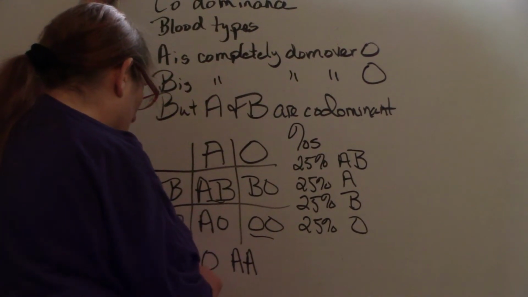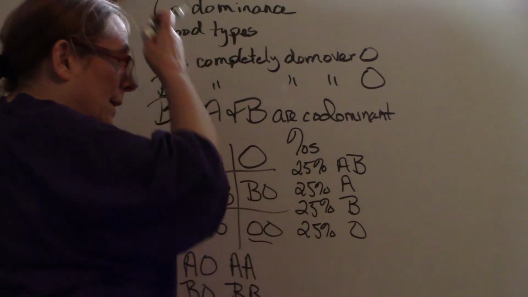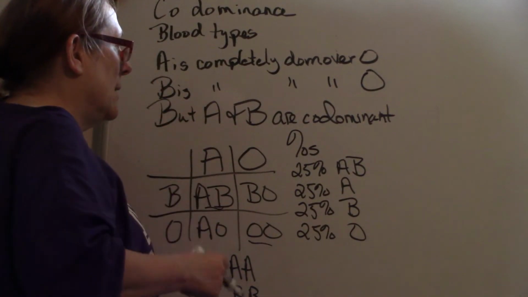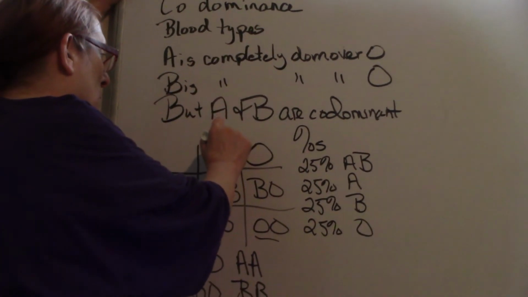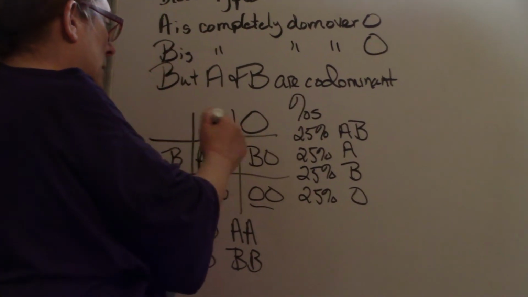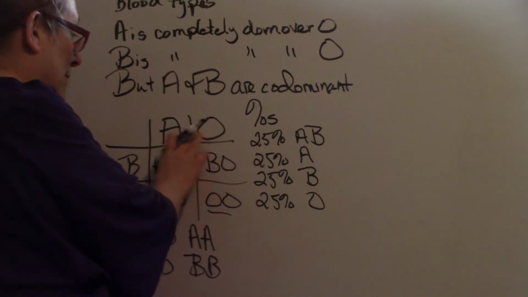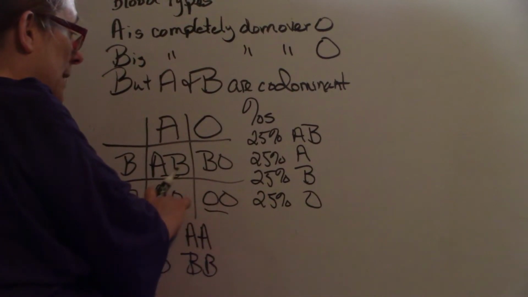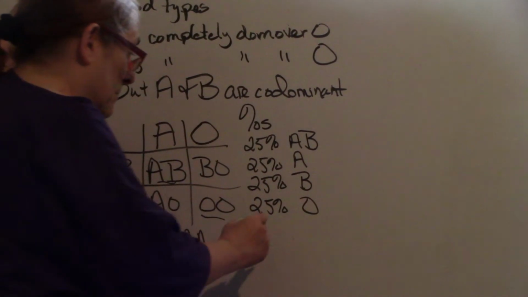Your B's could be BO or BB. Remember, two alleles. Okay? So this couple, one a type A, one a type B, and heterozygous, could end up having an equal chance of a kid of any of the ABO blood types.